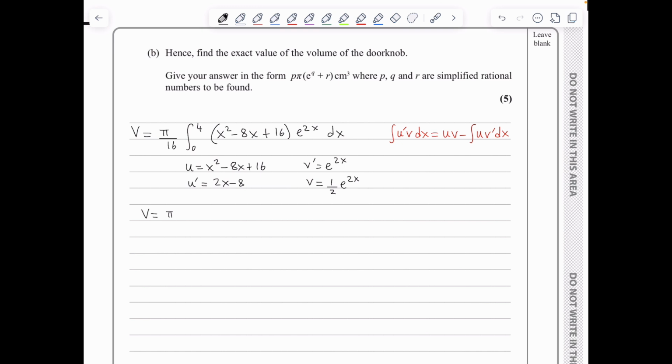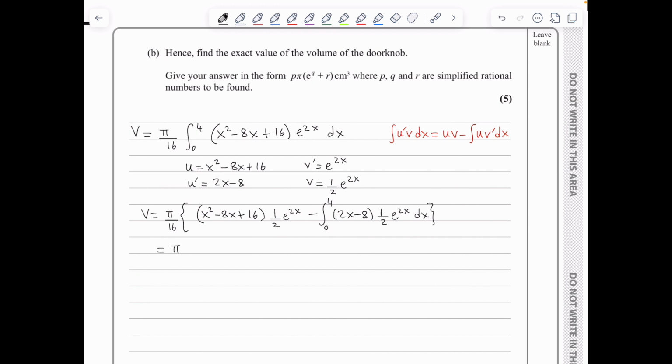V is going to be pi over 16. Now the uv will be x squared minus 8x plus 16 times a half e to the 2x, and I'm deducting the integral of u dash v, so 2x minus 8 times a half e to the 2x dx. The limits are 0 and 4, so I can proceed.